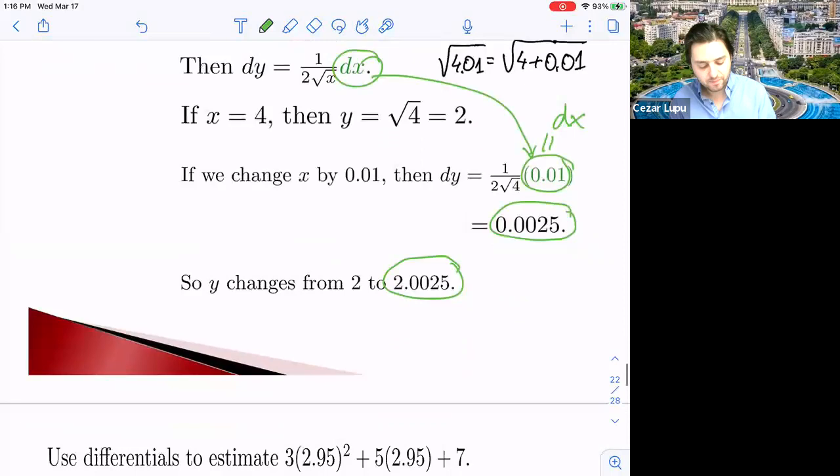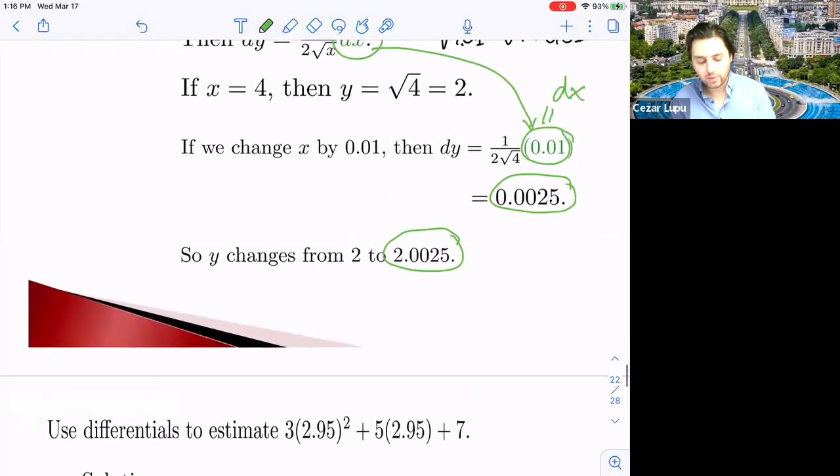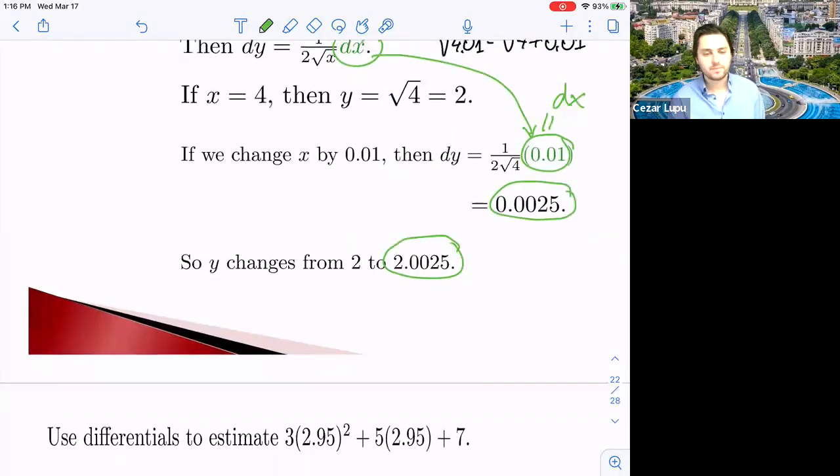Let me give you another one. How are we going to estimate this guy here? Look at it. We want to use differentials, since we just learned about them, to estimate this number. So we want to estimate 3 times 2.95 squared plus 5 times 2.95 plus 7.